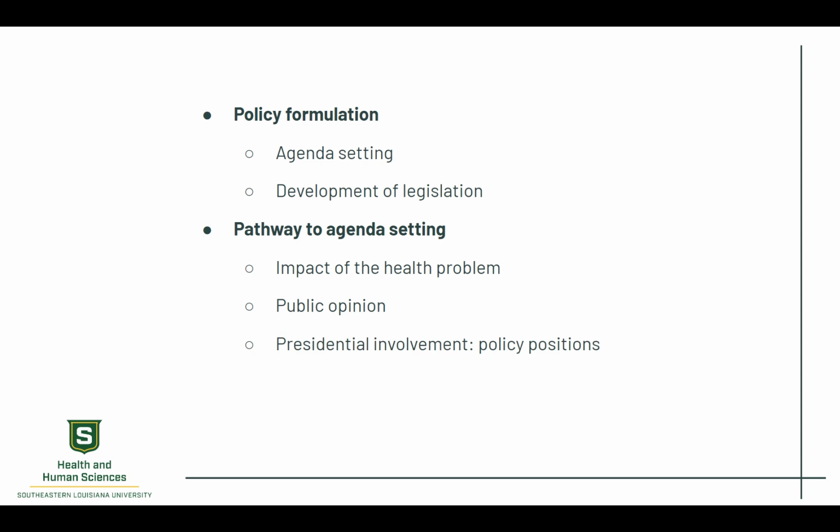And then anything that the president is interested in becomes a priority. For example, if presidents run their campaign on certain issues, once they have been elected, they have to deliver on those promises that they made during the campaign.